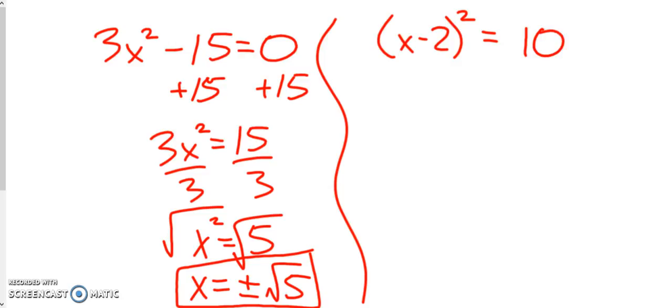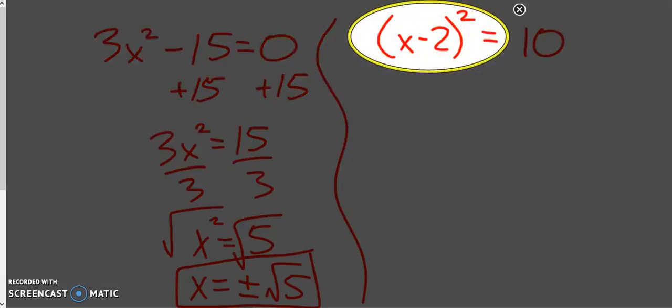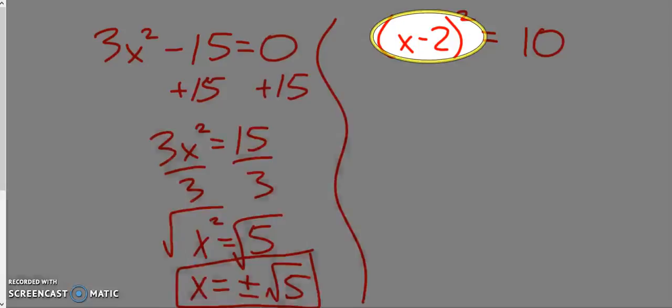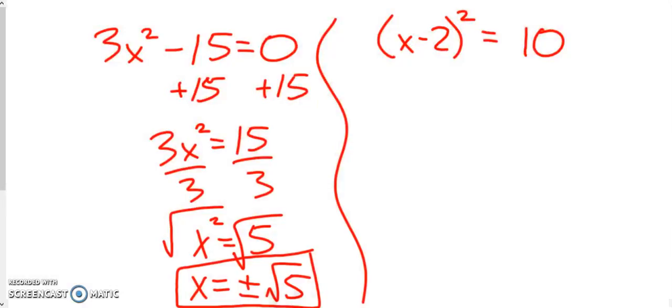So notice that for this one, this part right here is squared and there's nothing else over here. So what we can do is we can just take the square root of both sides right off the bat.